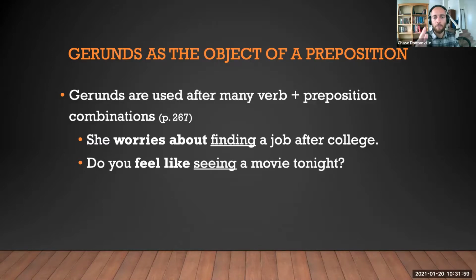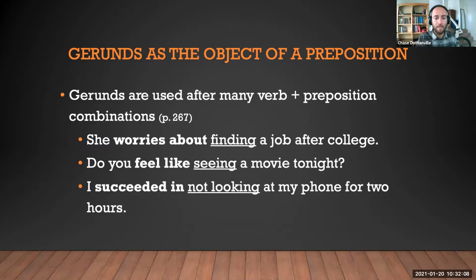Feel like. So after feel like, use a gerund. Feel like going, feel like eating, feel like seeing. I succeeded in not looking at my phone for 2 hours. So succeed in winning, succeed in going, succeed in buying, okay? After succeed in, use a gerund.